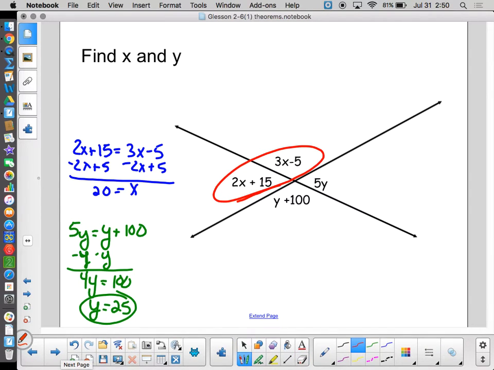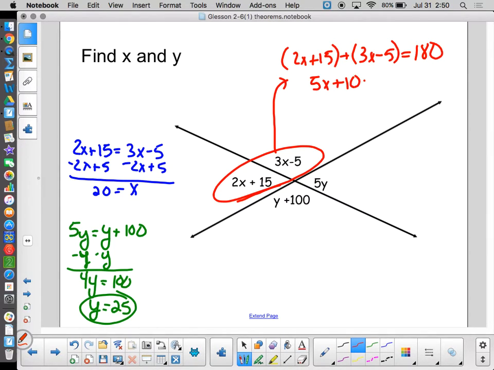They are no longer vertical angles. They aren't congruent anymore. So for this particular situation, I need to go 2x plus 15 plus 3x minus 5 equals 180. Combining terms, I get 5x plus 10 equals 180. So 5x equals 170. So x equals, what is that, 34?